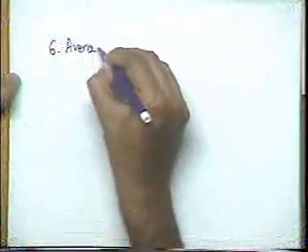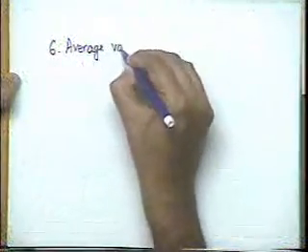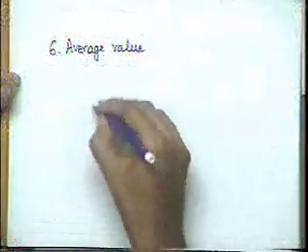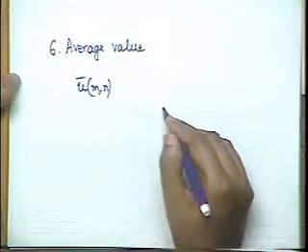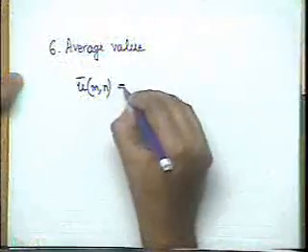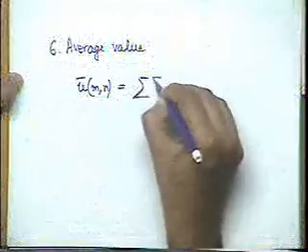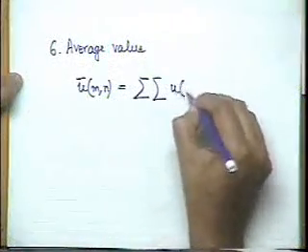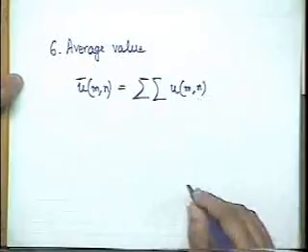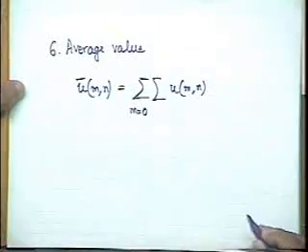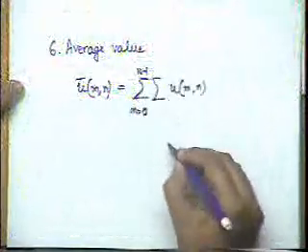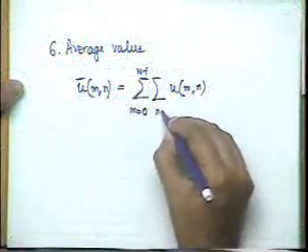Now the average value, I am writing U bar, indicating the average, is equal to the double summation of U of mn, where m is equal to 0 to n minus 1 and n is equal to 0 to n minus 1.